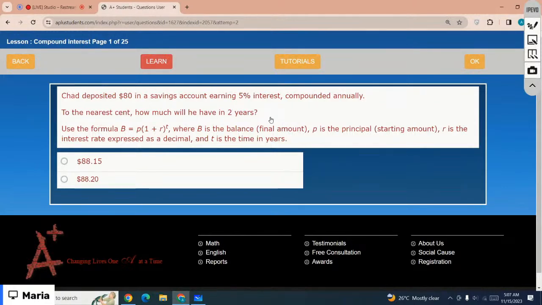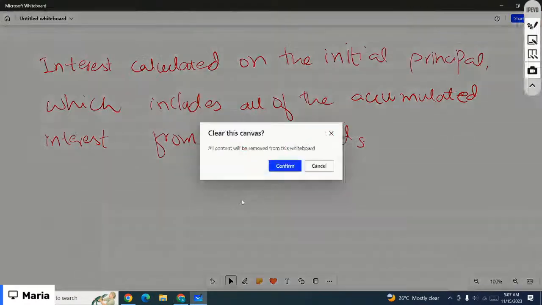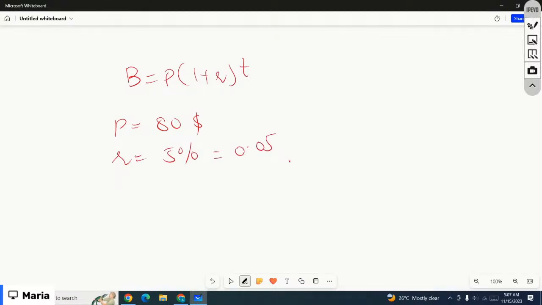Now, let's just put the values in the formula, that is B equals P (1 plus R) exponent T. So P is $80, R is the interest rate 5%, or divided by 100 is 0.05, right? And T equals to 2, just put up the values, 80, P is 80, 1 plus R is 0.05 exponent 2.